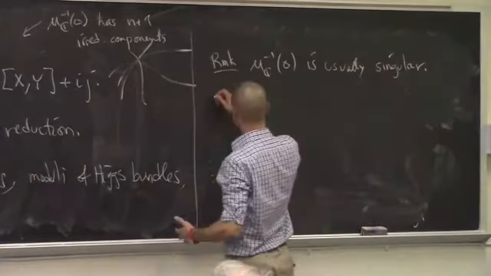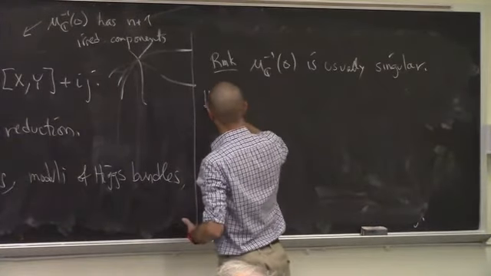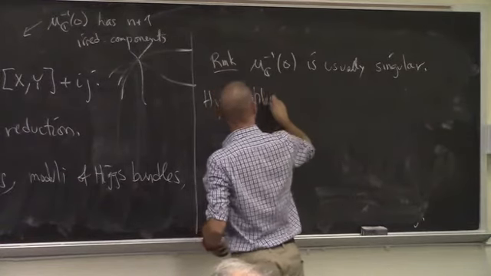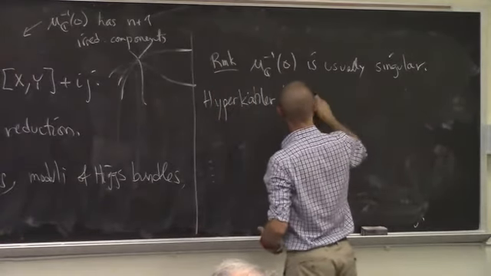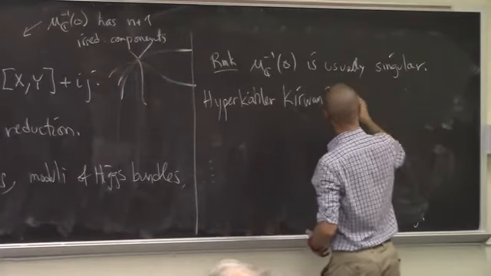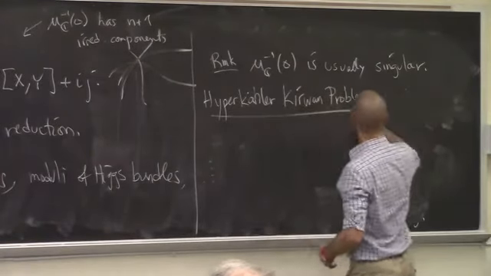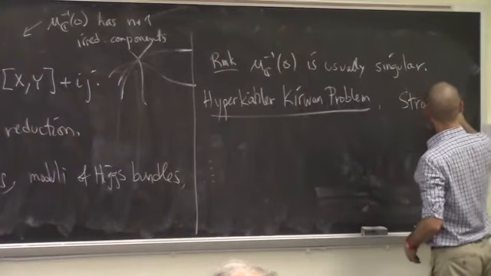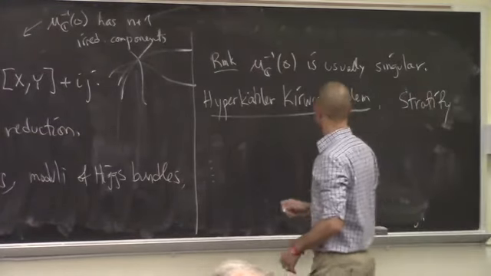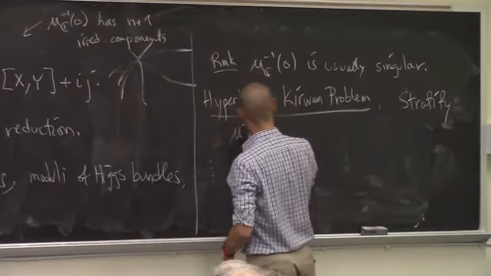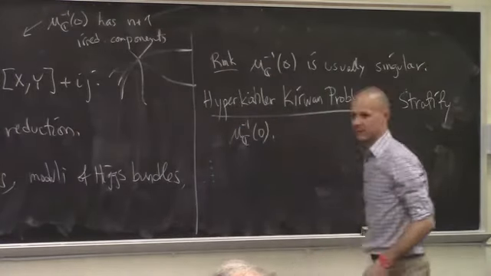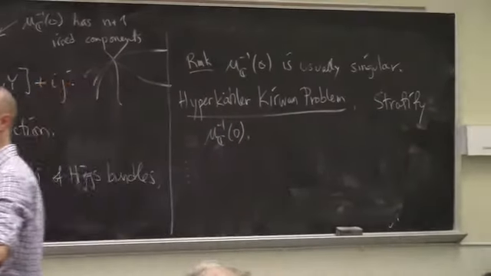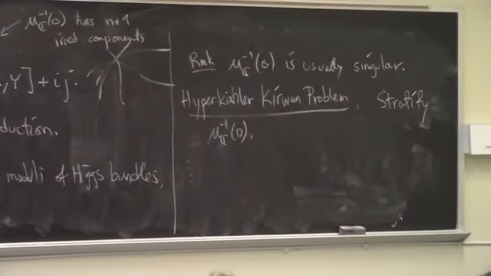But now there's a problem, the hyperkahler Kirwan problem, and it's as follows. Stratify this variety. It inherits a stratification from the cotangent bundle.